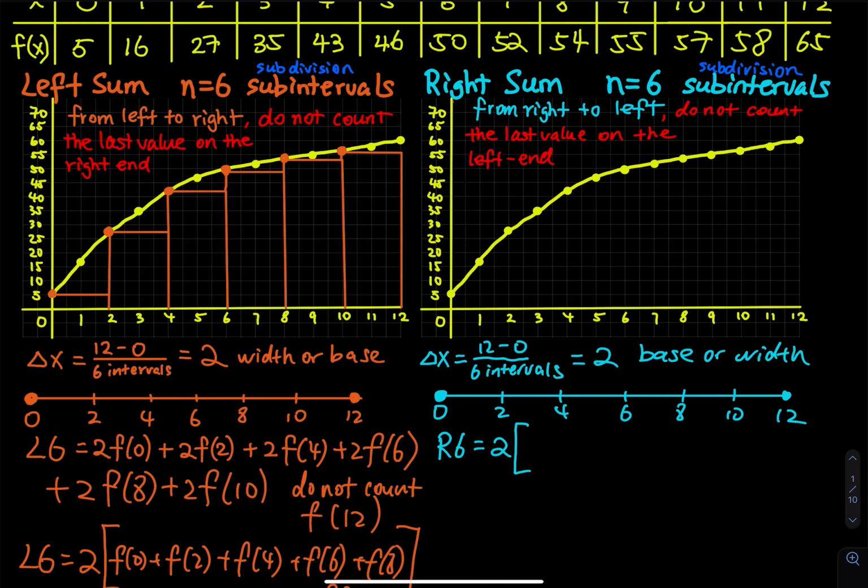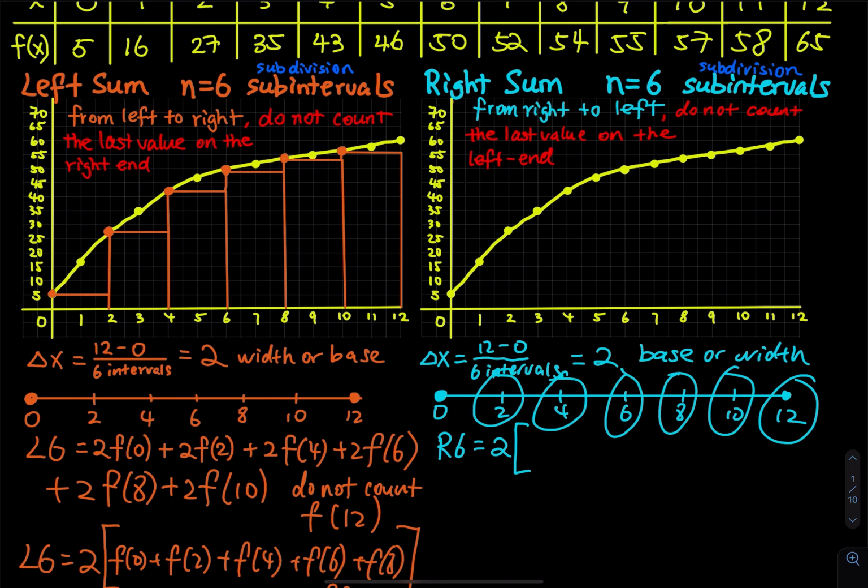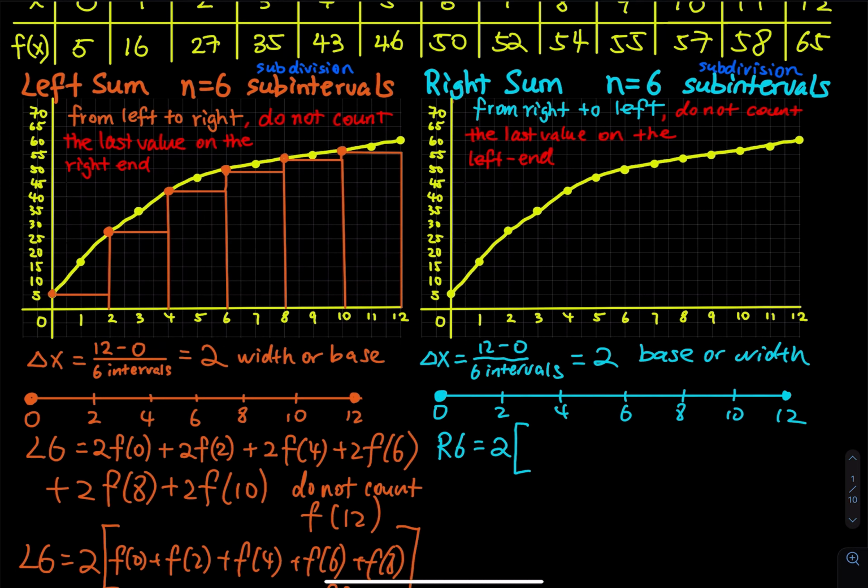Now, let's draw the rectangles. So we go from right to left. The first one on the right is 12. So we will be taking the 12, 10, 8, 6, 4, 2, and then ignore the 0. Let's do that. So when x is equal to 12, we have this point, and then 2 units from 12 to 10, and then you line up the 10. That is your first rectangle.